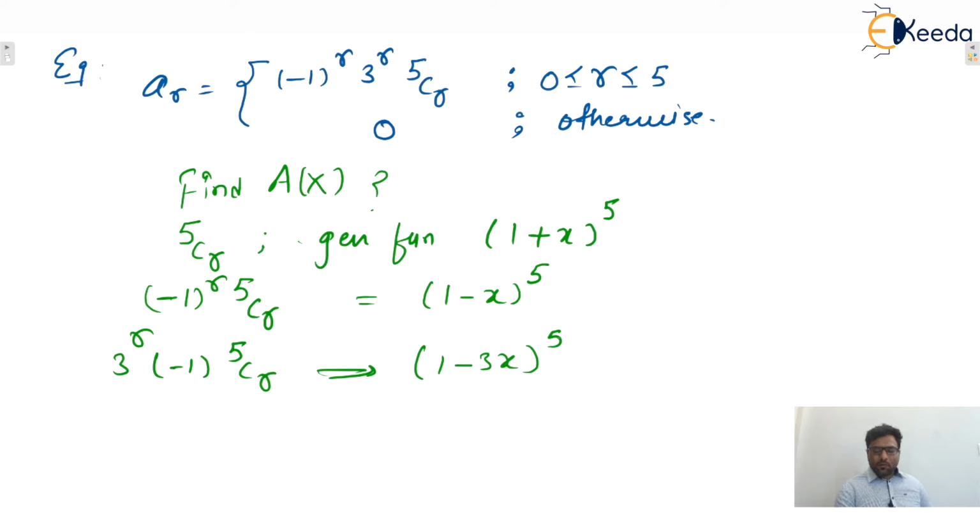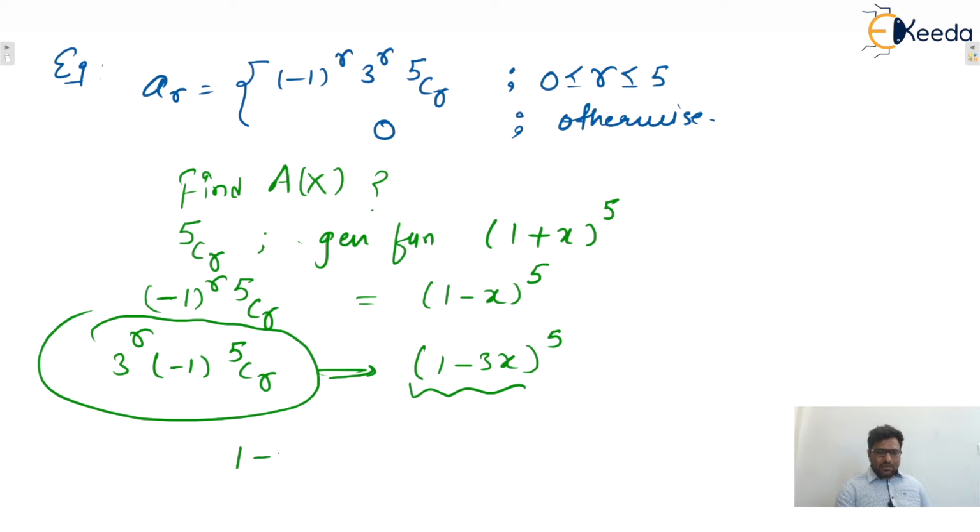With the second property, we can say that for this sequence the generating function is (1 minus 3x) raised to power 5. That is your correct answer, the required generating function. I hope this one is clear to everyone.